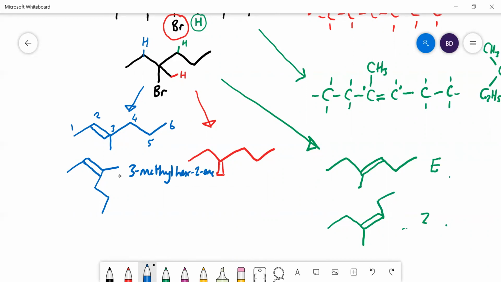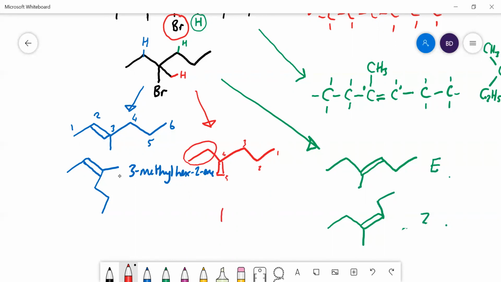The red one, now that is difficult to name because you've got the double bond here, so you're probably going to have to treat this as a sort of substituent, yeah? Right, and we call that 1, 2, 3, 4, 5.